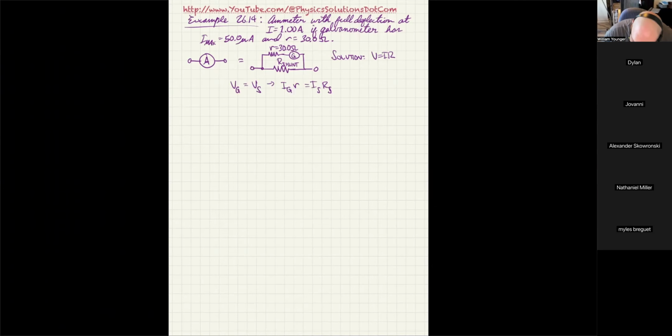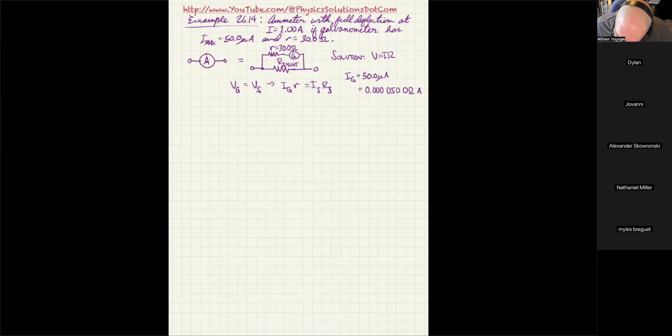Now, the other thing we need is I galvanometer. For full deflection, it has to be 50 microamps, so that's 50.0 microamps, which we can also write as 0.0005000 amps.